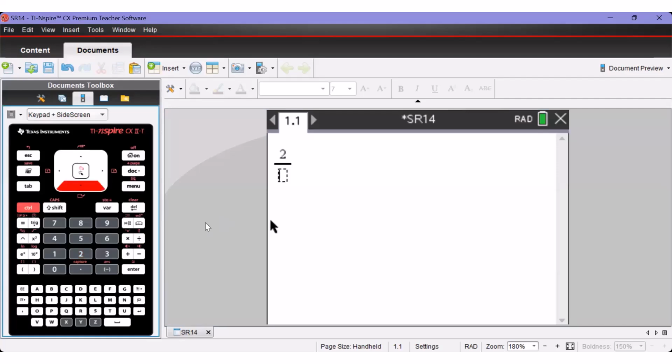Enter 2 in the numerator, arrow down, and 3 in the denominator, and then come back level with the vinculum. Press the multiplication key. Open up our first bracket. Then we're going to enter these measurements according to the Simpson's formula.